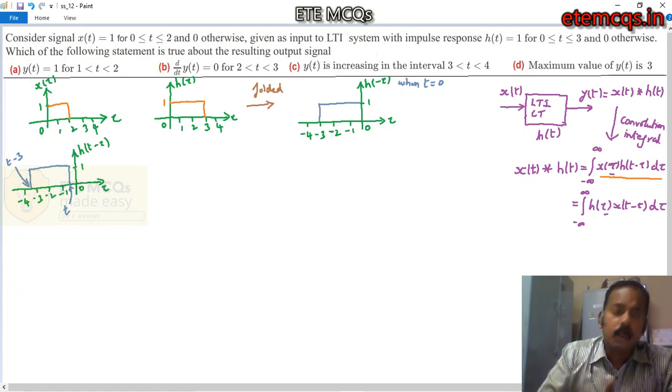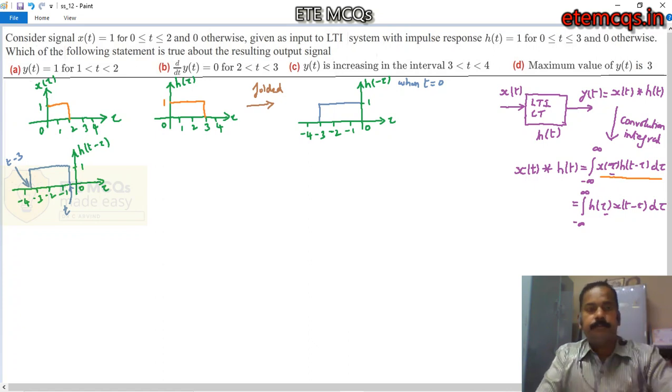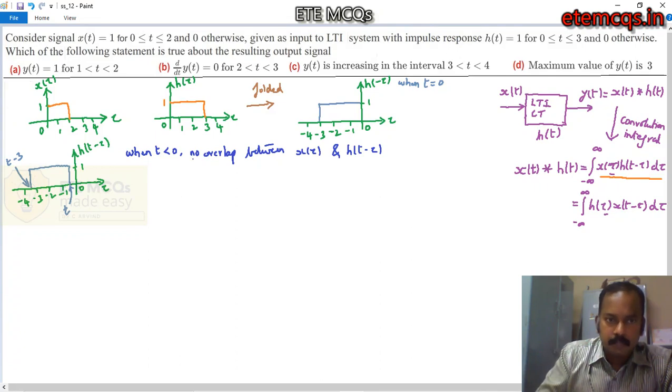Since there is no overlap between x of tau and h of t minus tau, the output is 0, which implies output y of t is equal to 0 for t less than 0. As long as t is less than 0, there is no overlap and the output is 0.